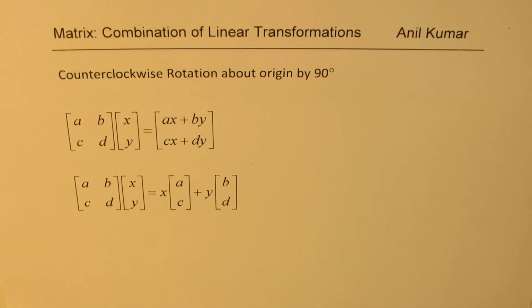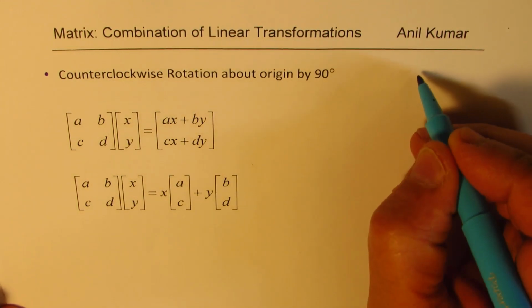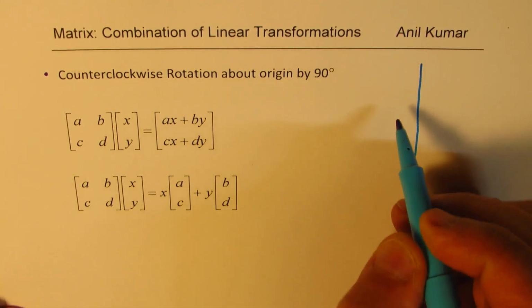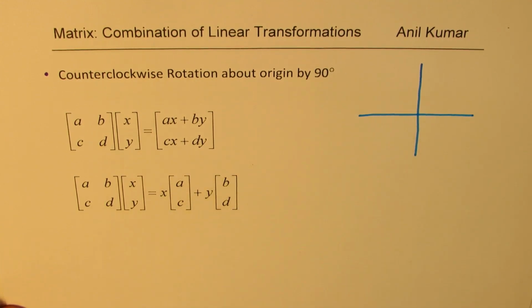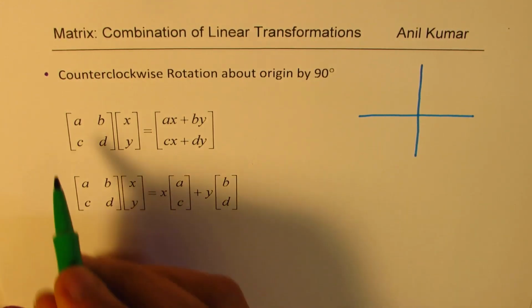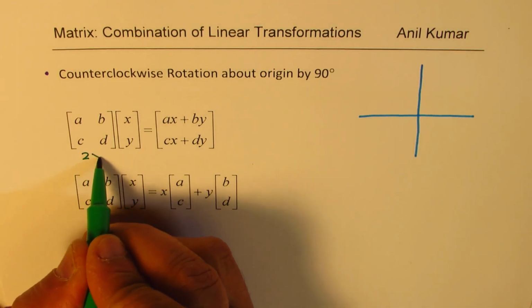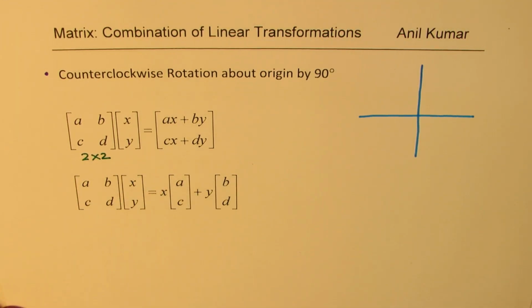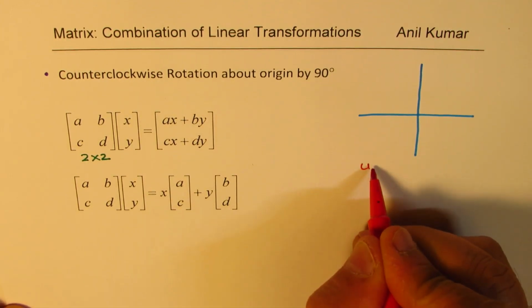So the very first one is counterclockwise rotation about origin by 90 degrees. Our method has been very simple to work with these matrices. We know that this 2 by 2 matrix does all the trick, correct? And what we need to look into is just the unit vectors.